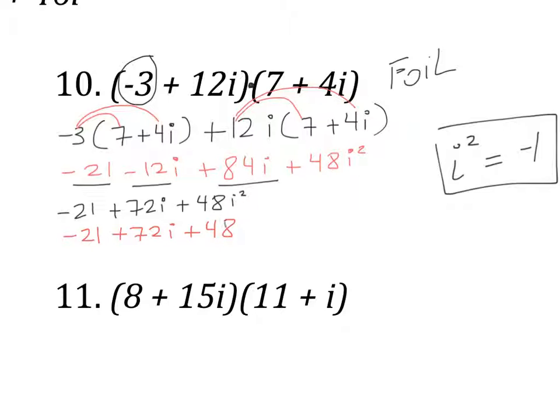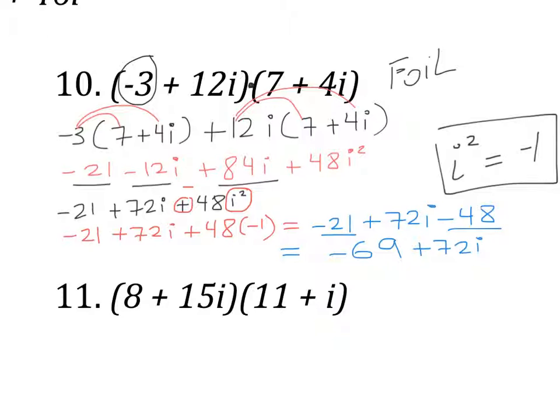So the plus 48 times a negative will become a -48. So the 48i squared becomes a -48. So the i squared is a negative, it changes the sign. So instead of the plus, it becomes a minus, okay? So -21 plus 72i, and 48 times -1, that's a -48. Now we have real numbers I can combine, so -21 and -48, that's a -69.